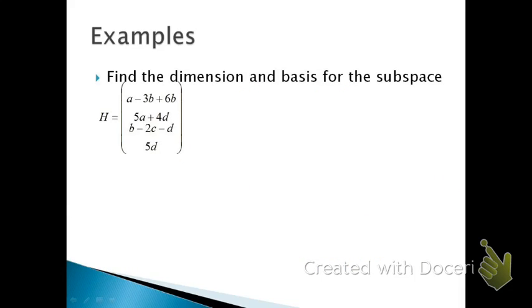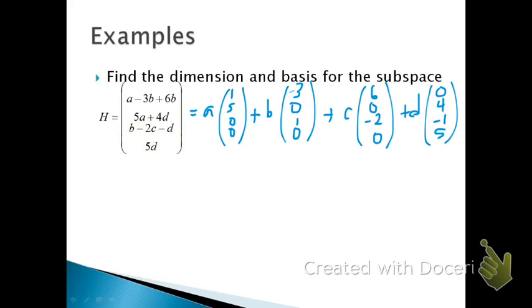Now let's find the dimension and basis for this subspace H. We notice this H is equal to this linear combination as listed. If we call these vectors v1, v2, v3, v4, of course we know that these vectors span the space. But the question is, are they linearly independent?